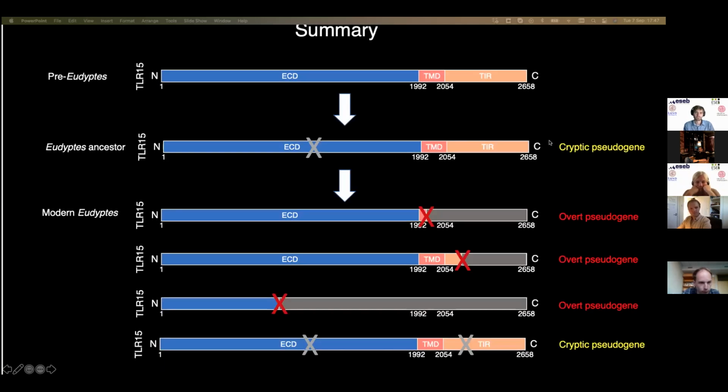Oops, sorry. And then because the gene is suddenly removed from purifying selection pressure, it acquires all sorts of other truncating mutations. In other words, the gene is overtly pseudogenized several times. And since none of the circulating TLR15s are functional, there's no advantage of any one haplotype over another.